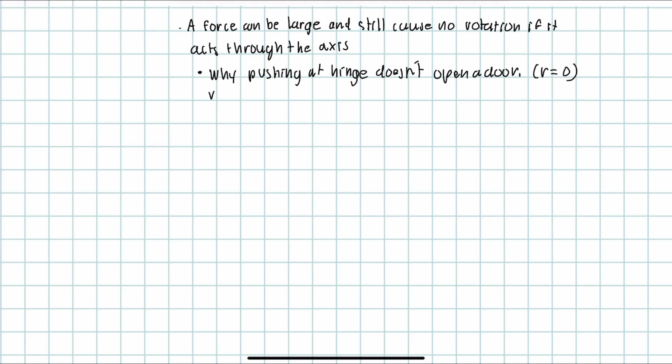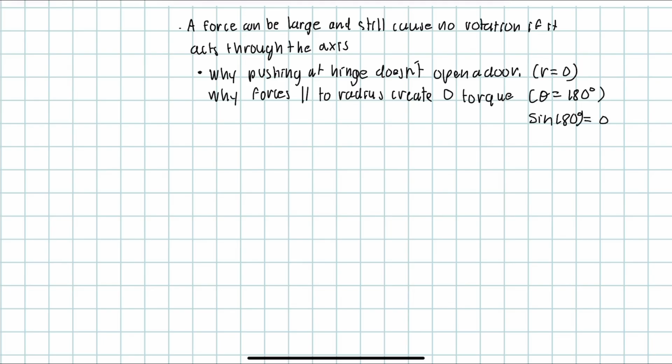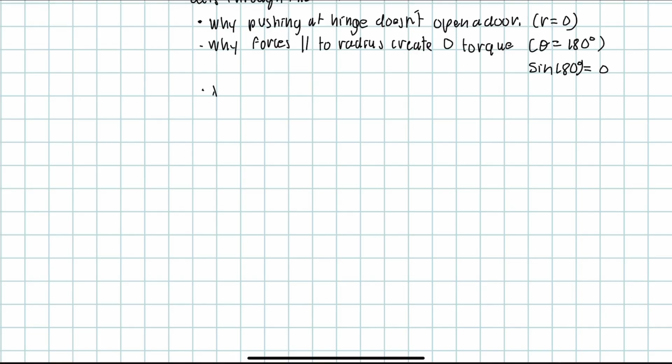This is also why forces parallel to the radius create zero torque. That's because theta is just 180 degrees, and sine 180 degrees is equal to 0. And this is why axis choice is critical.